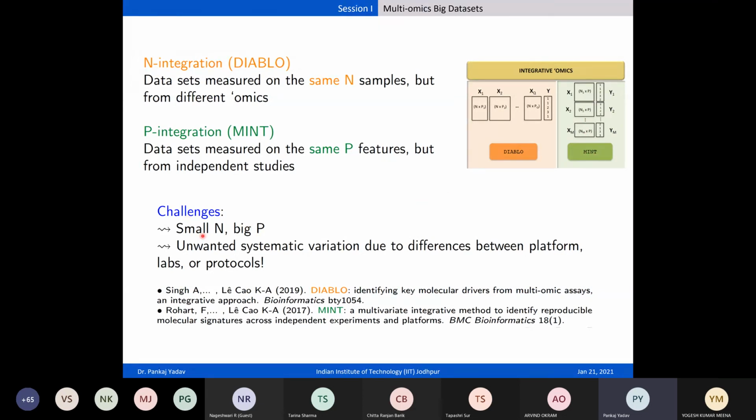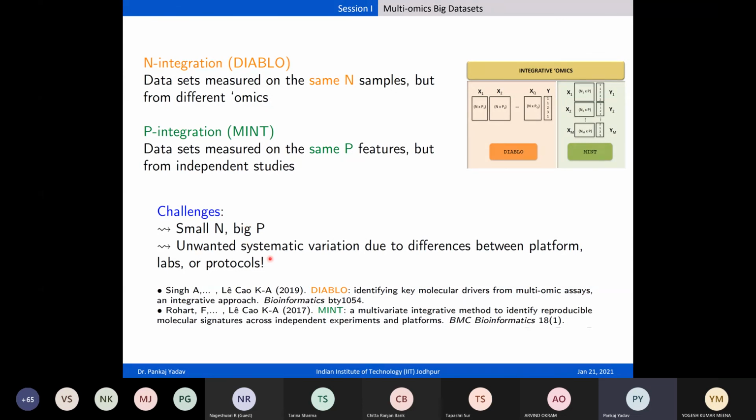The challenges here are that usually in biology our features are very high dimensional, whereas samples are really few. Usually we have hundreds or thousands of samples, and most of the time millions of features. So this is a big challenge.